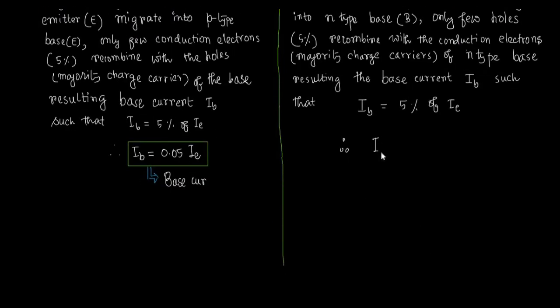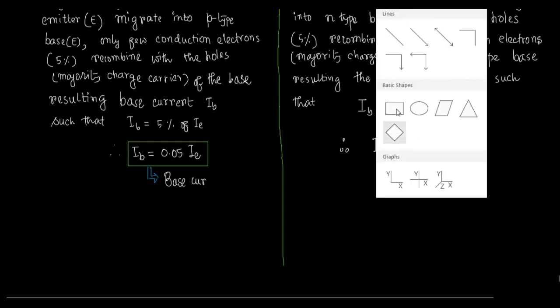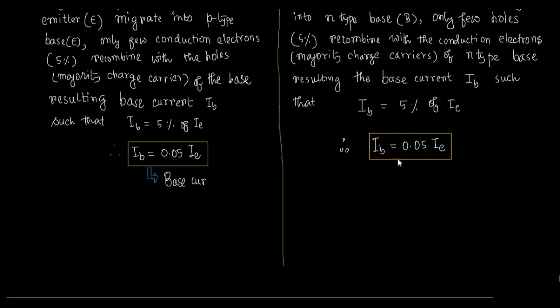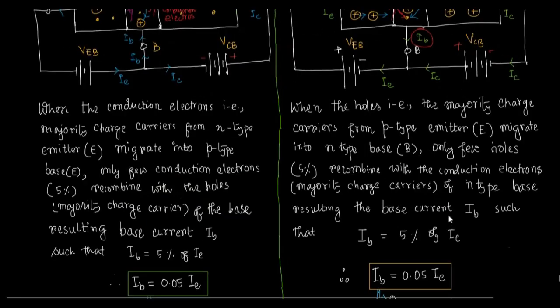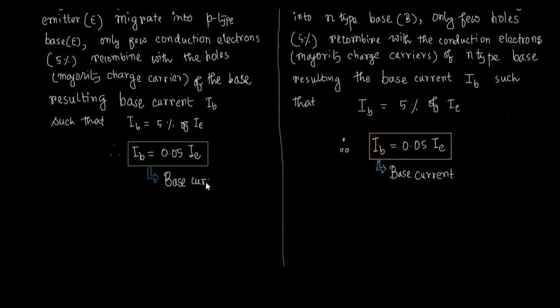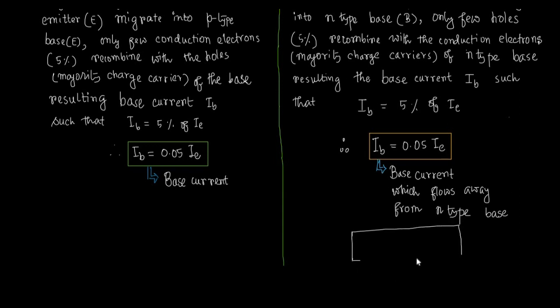Therefore, IB will be 0.05 times IE, which is the base current. This base current will flow away from the n-type base. On the right hand side, for PNP transistor, base current IB flows away from n-type base.